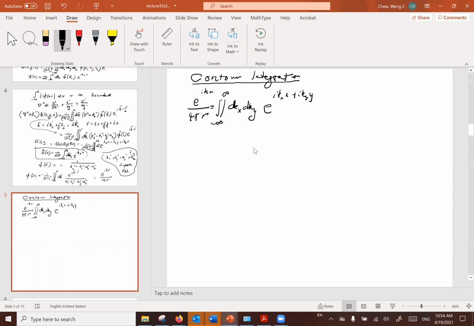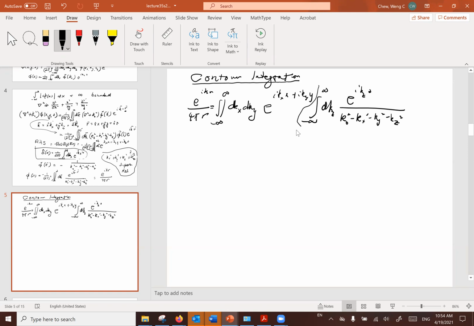Okay, this has nothing to do with kz, and I will do the kz integration last. Okay, and then I'll put the integrand back in, k0 squared minus kx squared minus ky squared minus kz squared.